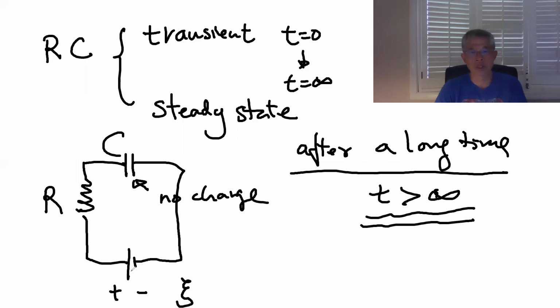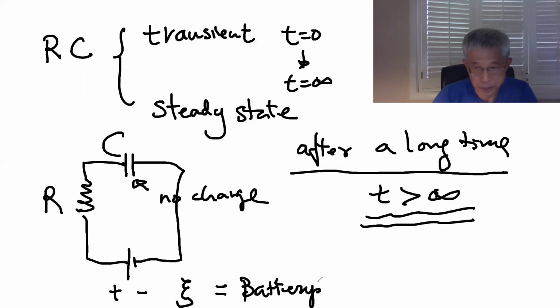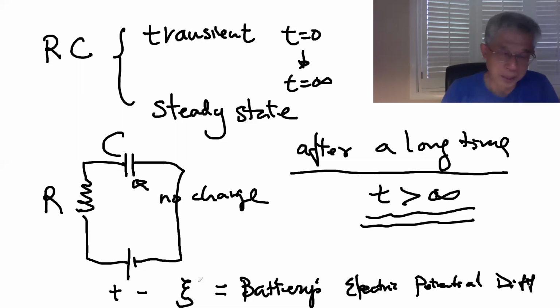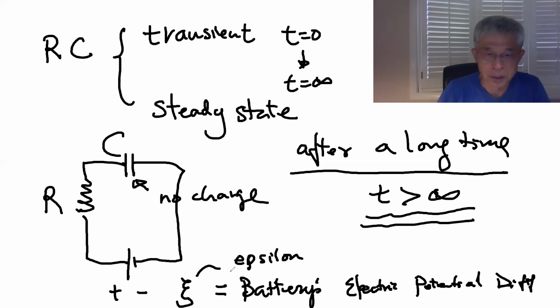Epsilon is the battery's voltage difference, the electric potential difference between two terminals. We don't call that V because there's too many V's, so sometimes we use epsilon. Please practice writing epsilon like that.